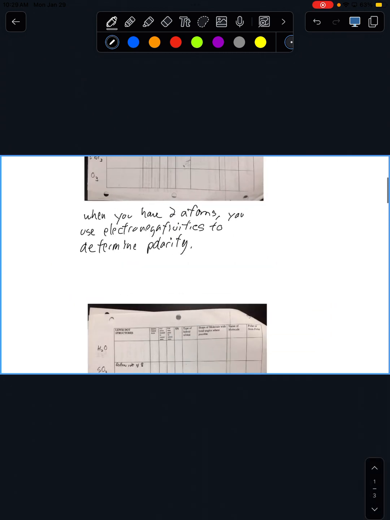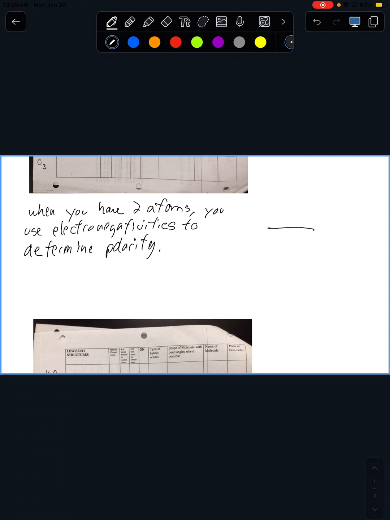And the rule is, if you're above 1.7, you're ionic. If you're between 1.7 and 0.4, you are polar covalent.